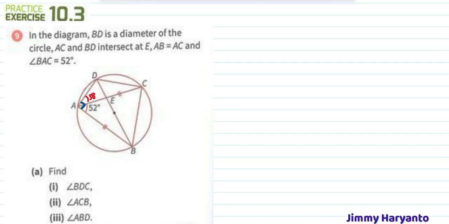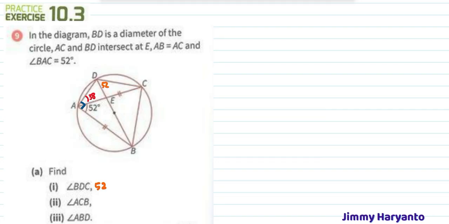The question wants you to find BDC. I think we can get BDC from the 52. If 52 is right there and BDC is right there, they are facing the same length. That means this one is also 52. So the first answer, BDC equals 52.